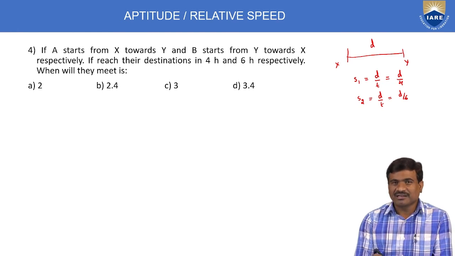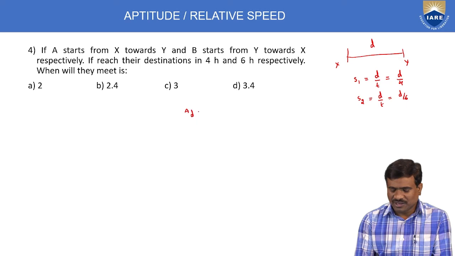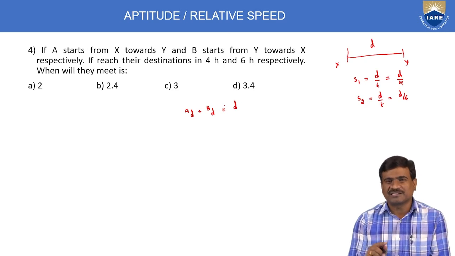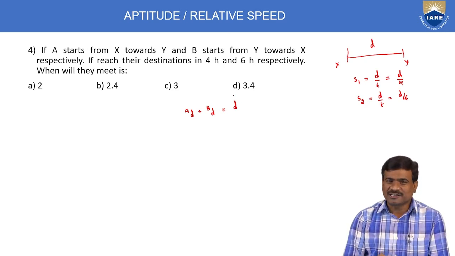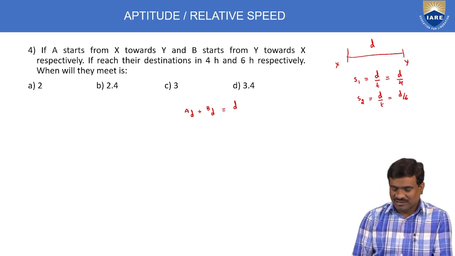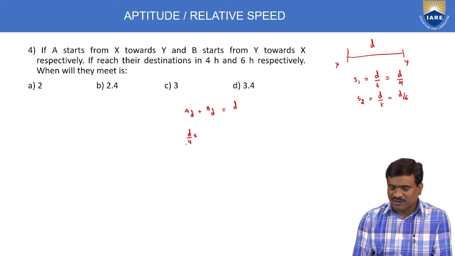Next method: if the problem belongs to opposite direction, then A's distance up to the meeting point plus B's distance up to the meeting point is equal to the total distance. A's total distance is D. A's distance is equal to speed into time. A's speed is D by 4.